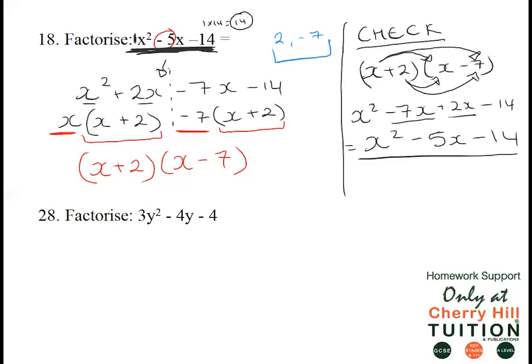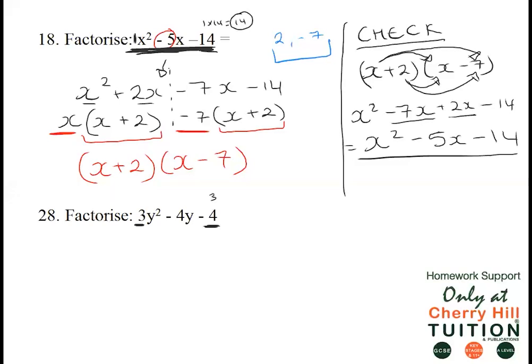Question 28. Factorize 3y squared minus 4y minus 4. In the exact same way, we multiply the coefficient of y squared, which is 3, by the number that does not have a letter next to it.